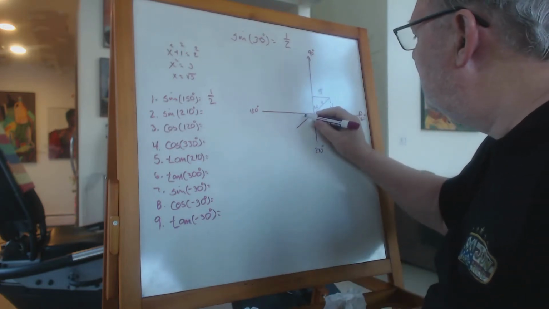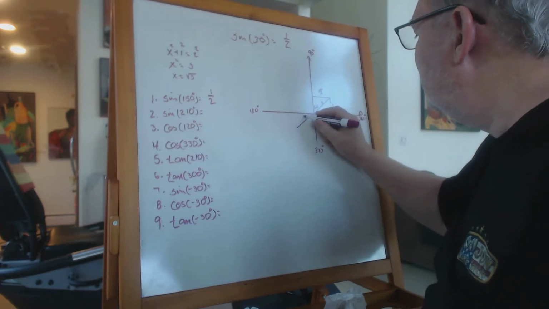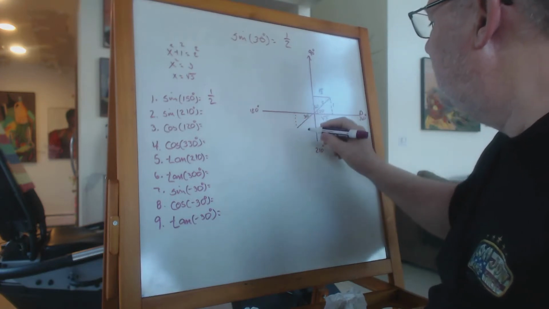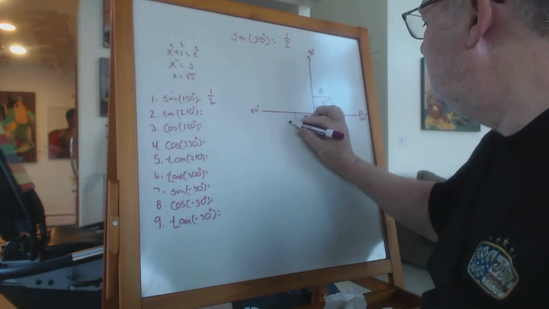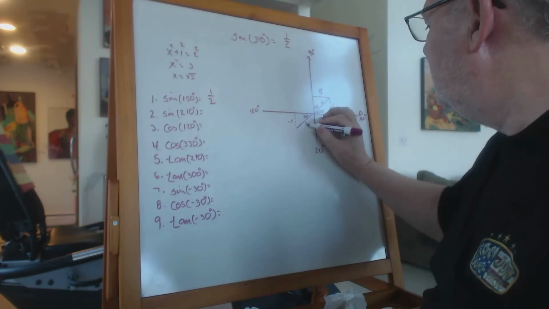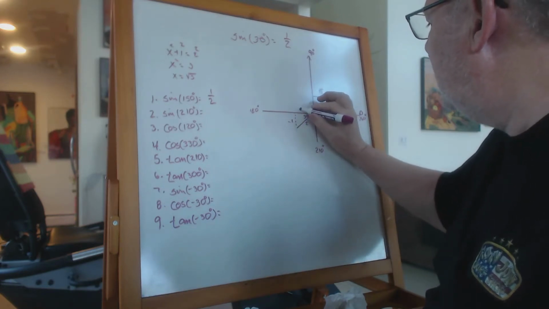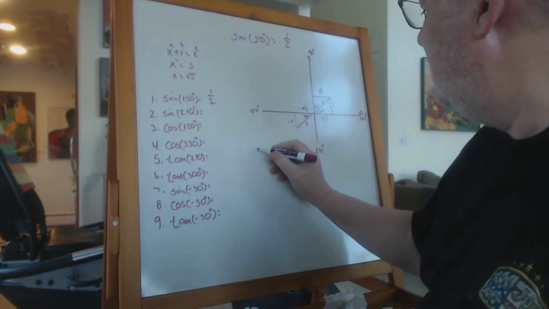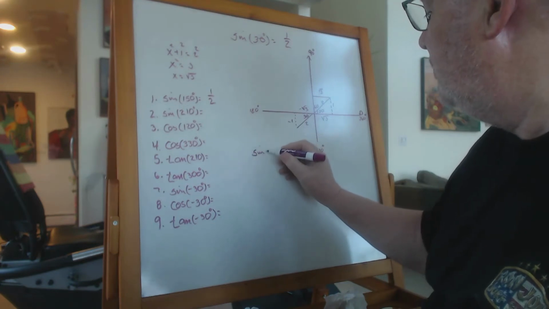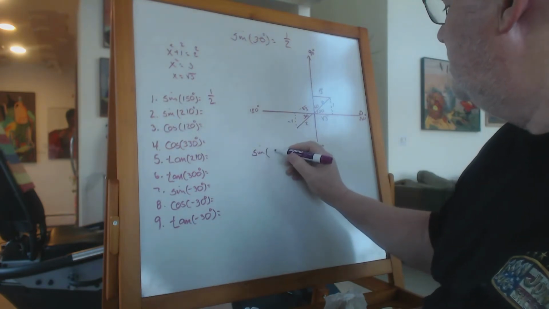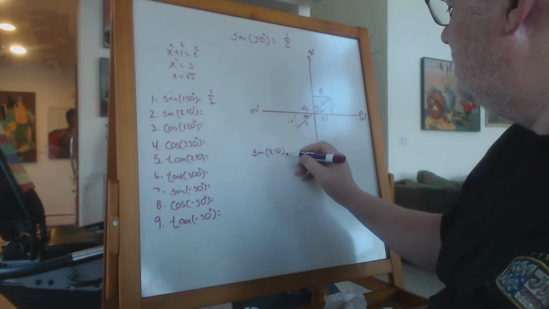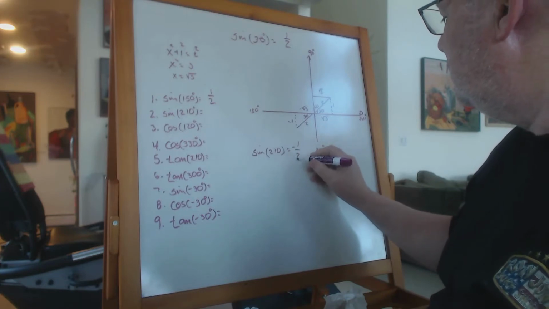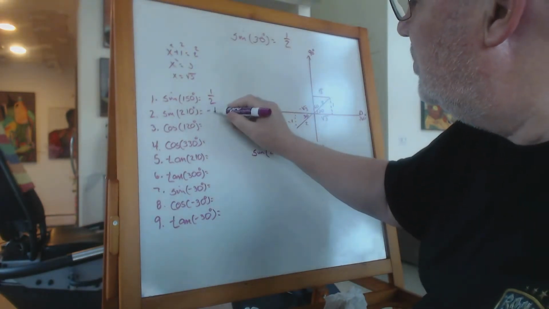That's 210, but this is 30, or really minus 30. We have minus 1, 2, and minus square root of 3. And the sine of that angle would be sine of 210, which is equal to negative 1 over 2. So that's minus 1/2.